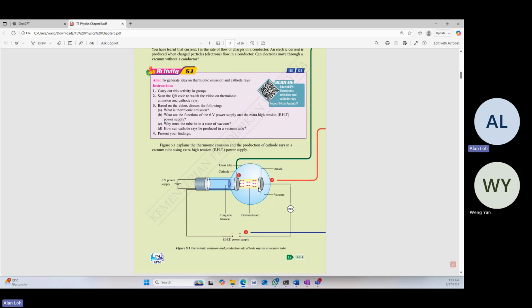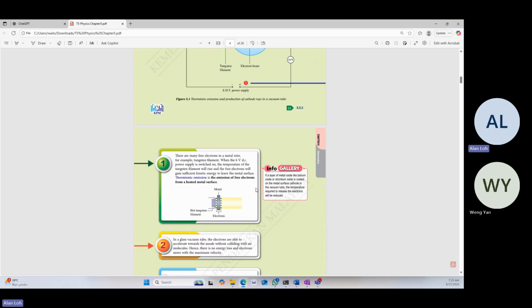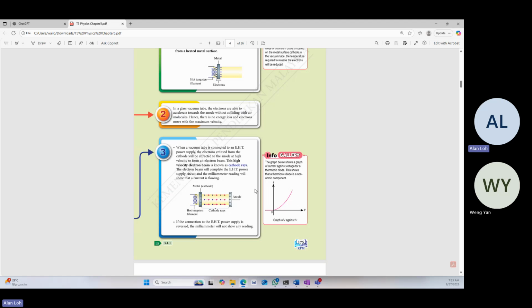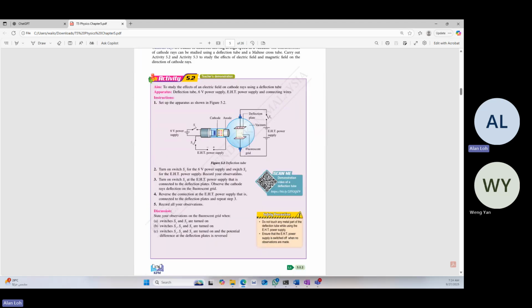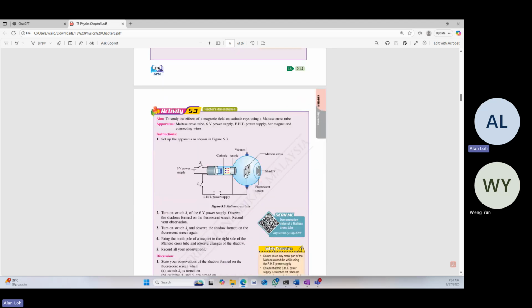And then they are moving on a straight line, and that is being presented with that Maltese cross. Do you see a shadow over here?